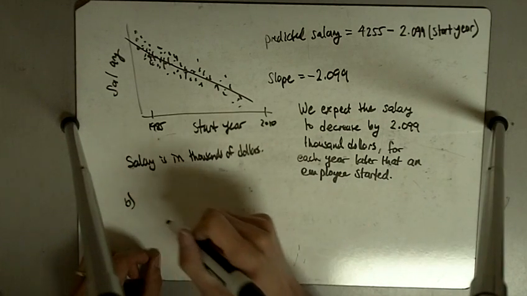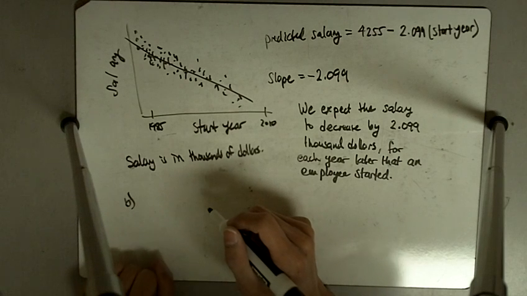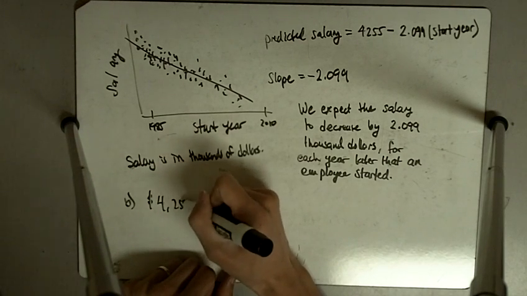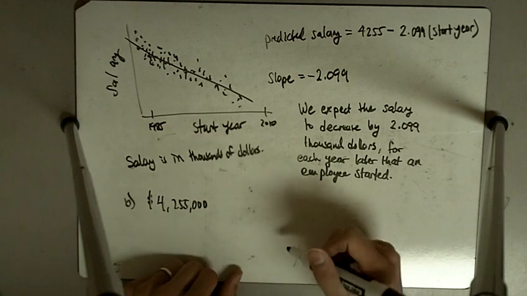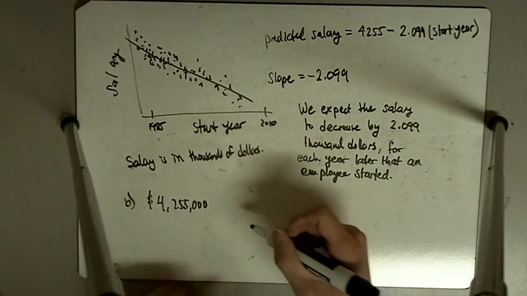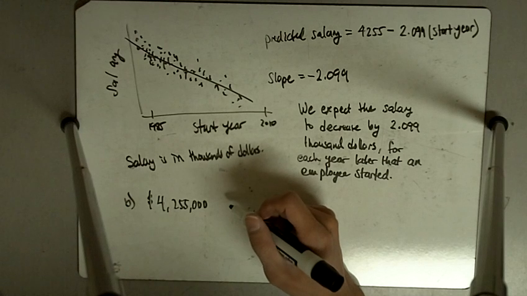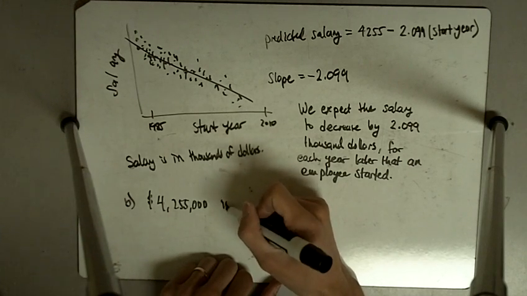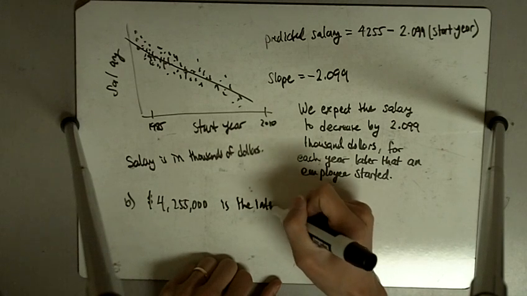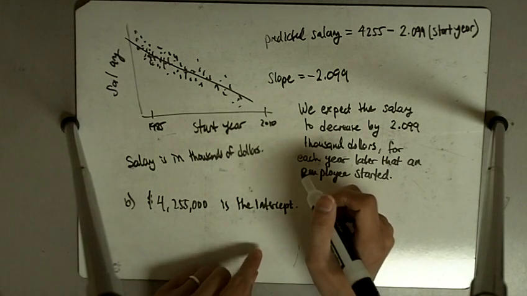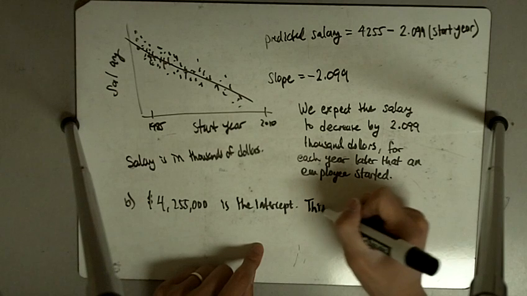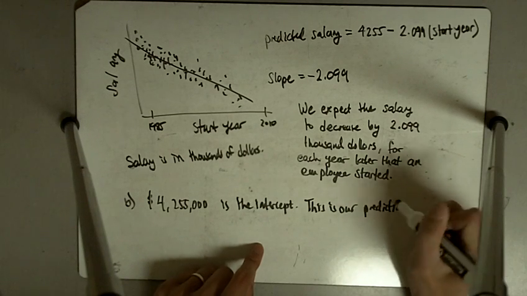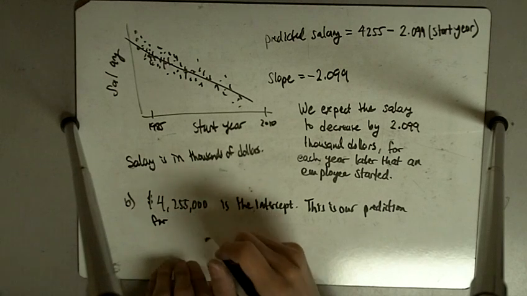The intercept is 4255, or basically 4,255,000. Okay, and what does this mean, or why is it inappropriate to interpret the intercept? Well, this is our prediction for someone whose start year was 0.